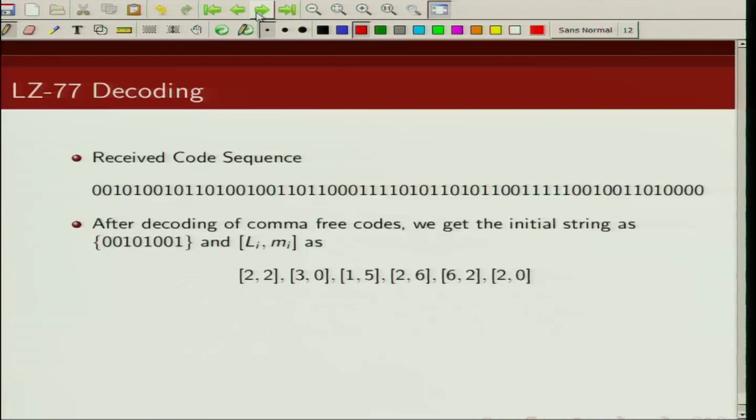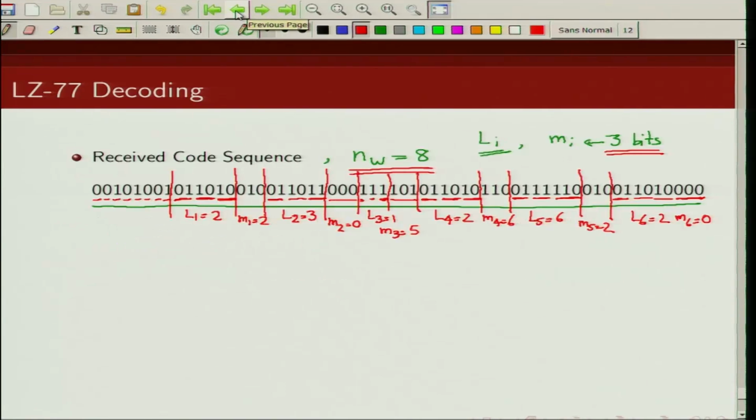So now what I have done is I have actually decoded the string into initial string and L1 M1, L2 M2, L3 M3, L4 M4, L5 M5 and L6 M6. So that's what I did.